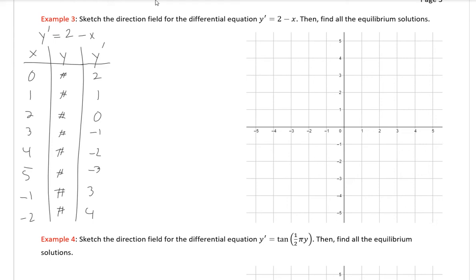So then creating this direction field is going to be even easier. I see at x of 2, I have a slope of 0. And that's going to be true at all instances for y. And then aside from that, at x of 1, I have a slope of 1, and that's true for all instances of y.